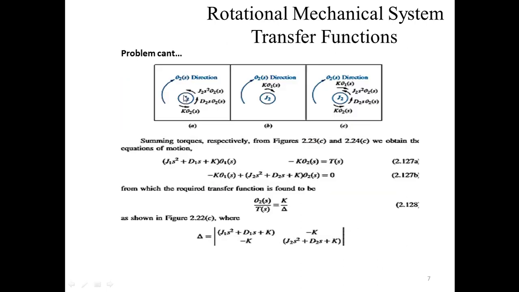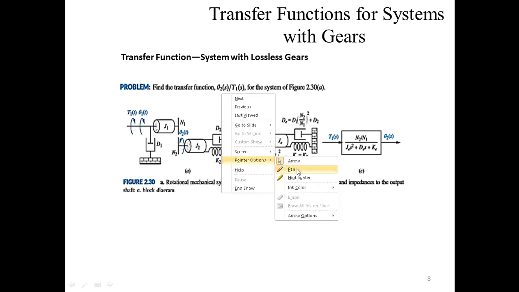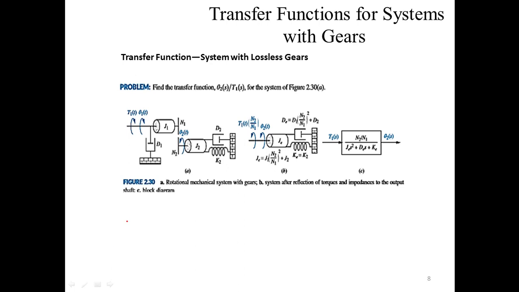question, which asks you to find a transfer function for a system that involves a gear system. So let's start with the basic previous knowledge of electrical systems. In electrical systems, you have learned about transformers, how you can step up or step down the voltage provided to you using a transformer. The same is the case with this gear system.